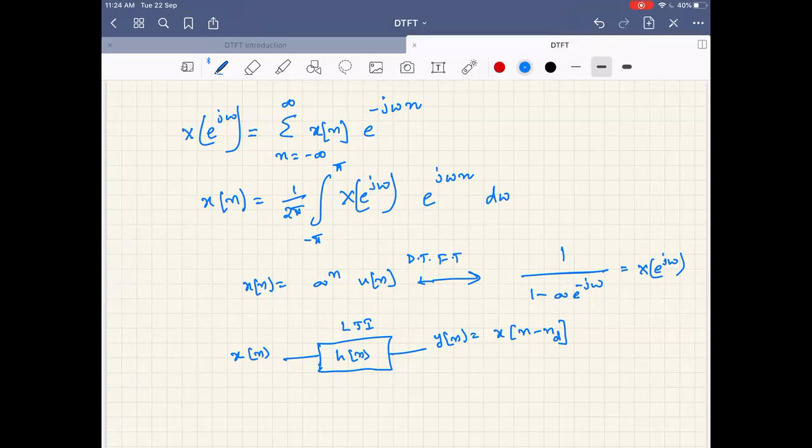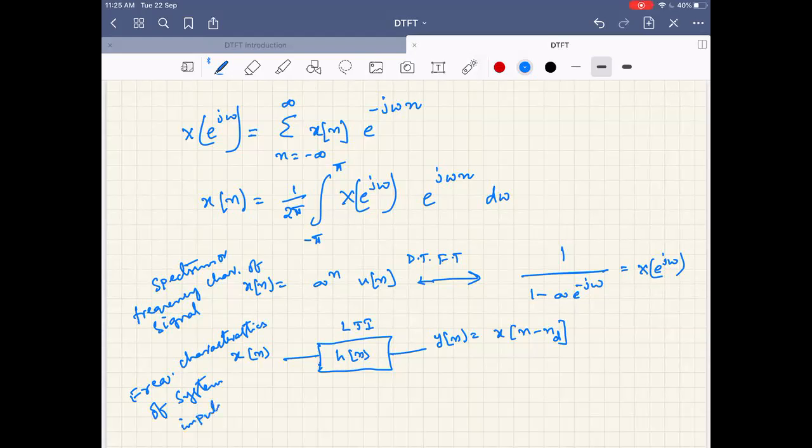So here in example 1 we are analyzing the spectrum or frequency characteristics of a signal. Here in example 2 we would like to analyze the frequency characteristics of a system, and by system we mean the system impulse response.